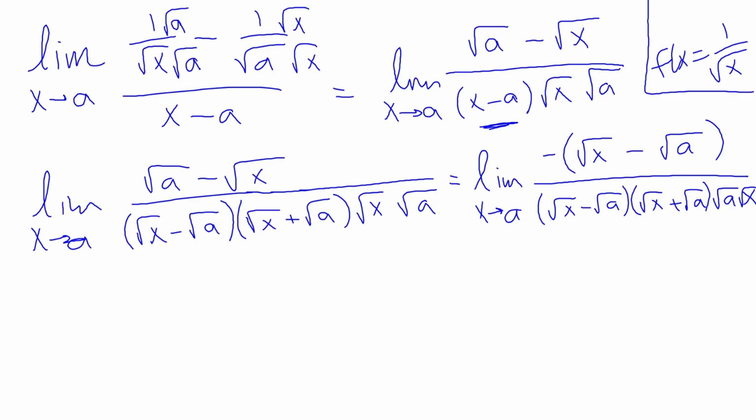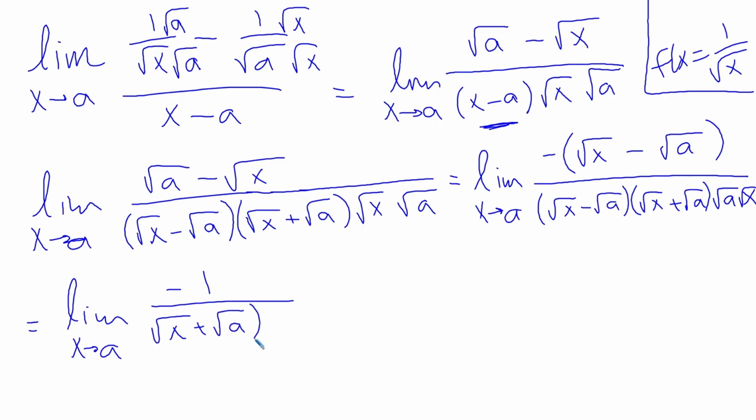Running out of room on the side there. The root x minus root a's will cancel. So we have -1 over root x plus root a, root x, and root a.